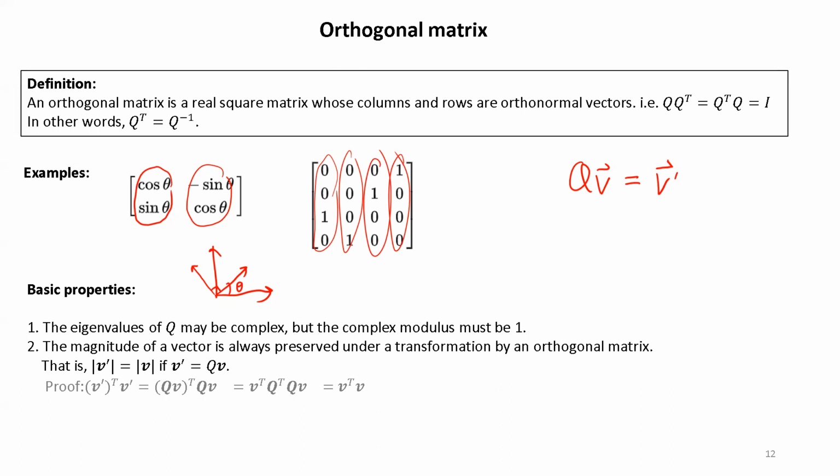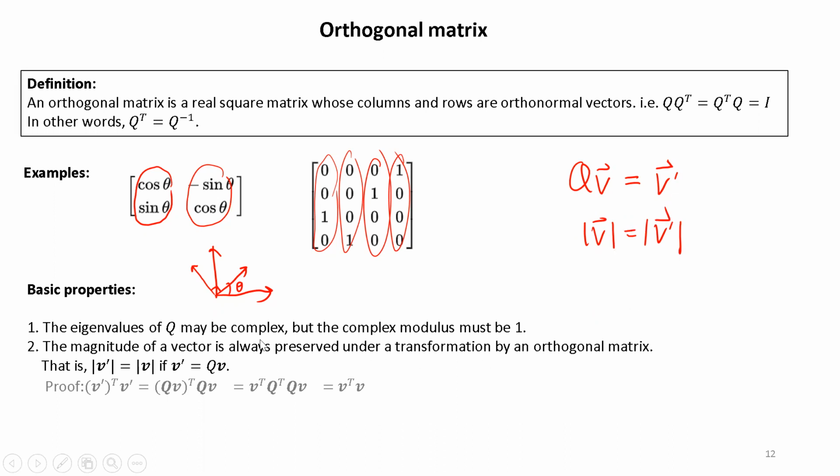What is so special about this transformation is that the vector preserves its length. The length of the original vector is the same as the length of the transformed vector.